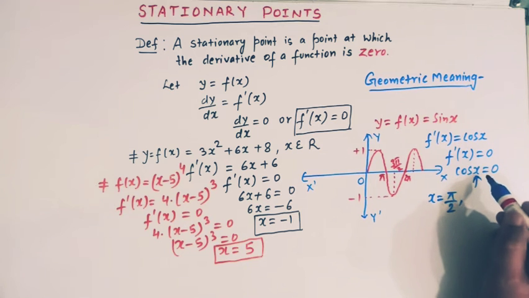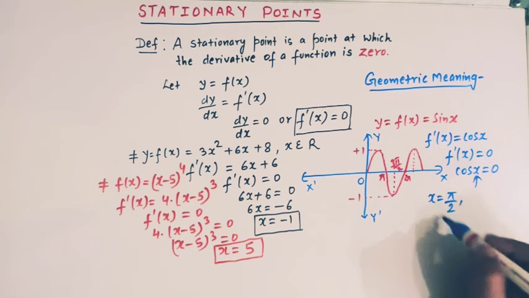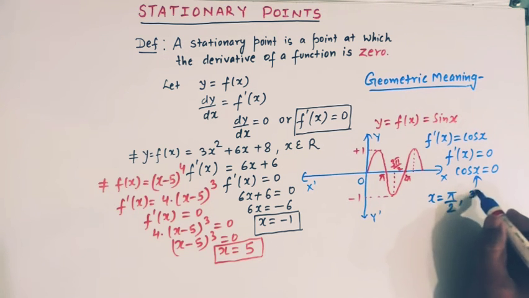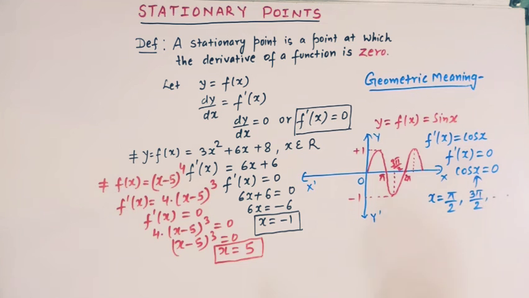The odd multiples of pi by 2, then we have 3 pi by 2, and so on, right?